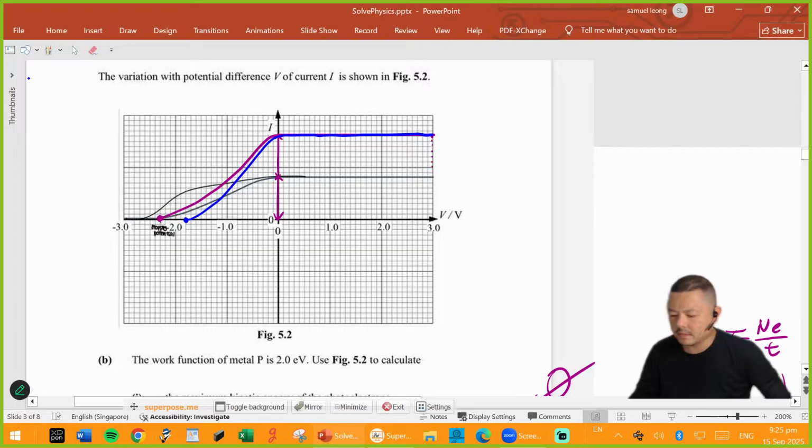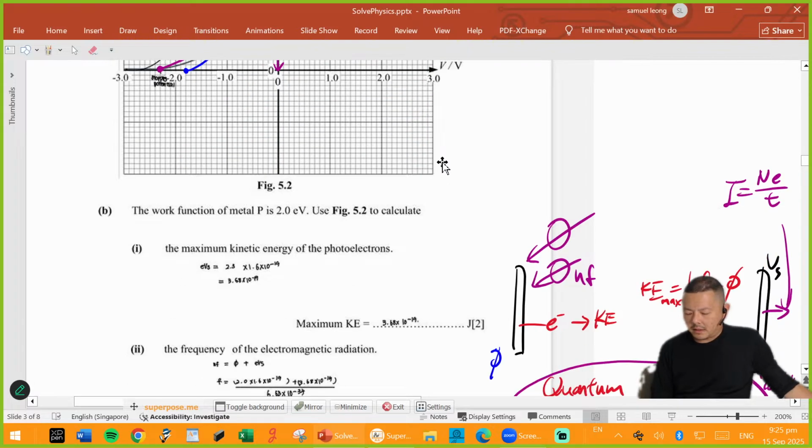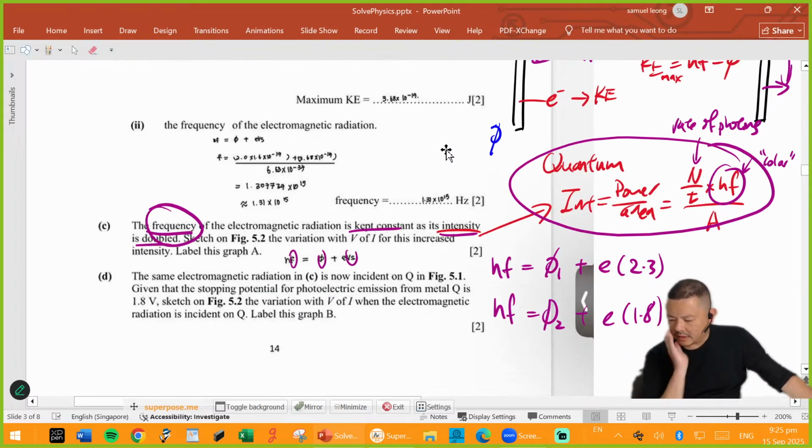Something like that. Okay, let me just double check everything again. The same in C means double intensity, and the stopping potential is the same as in C. Stopping potential is 1.8.